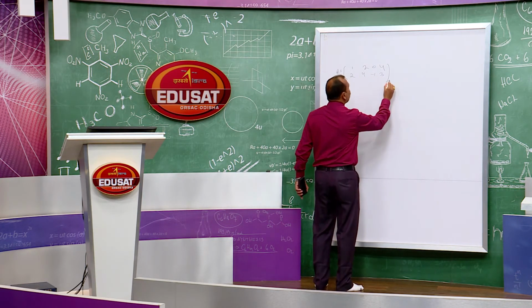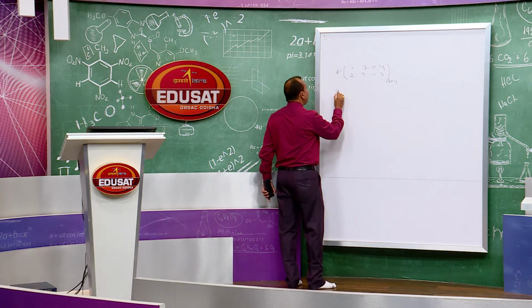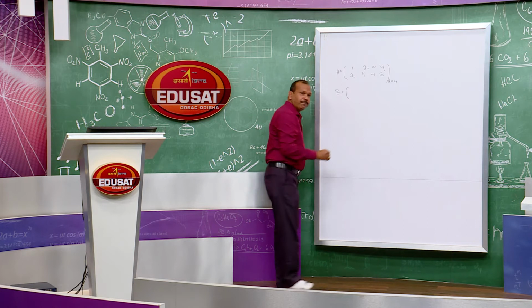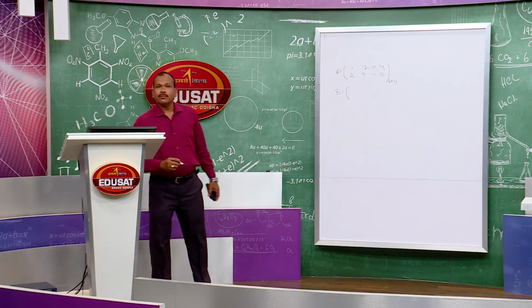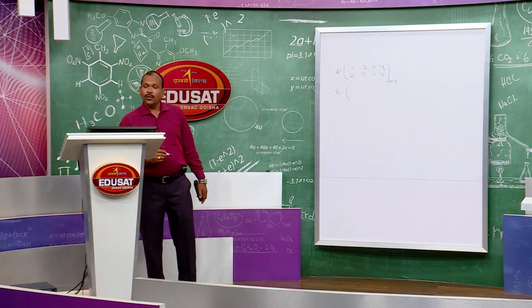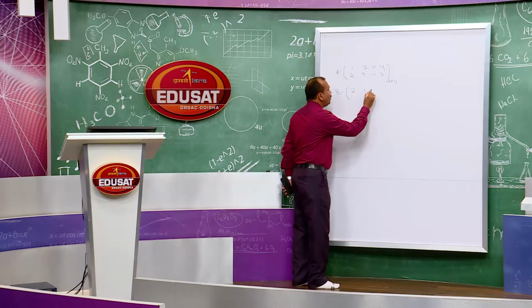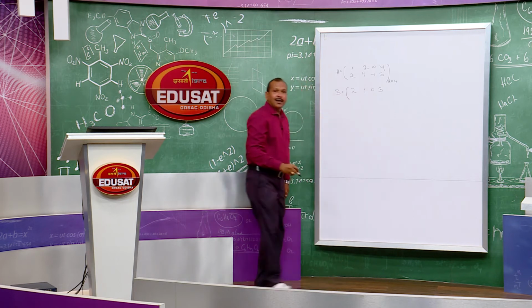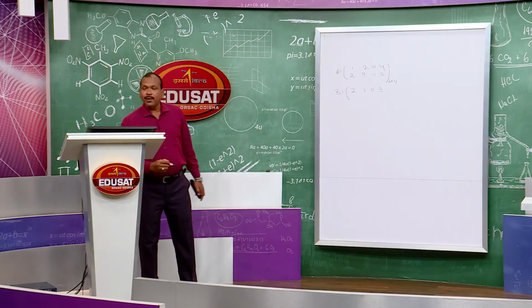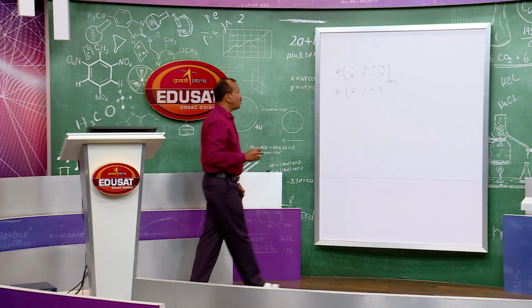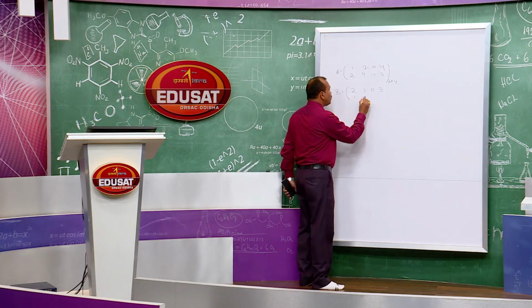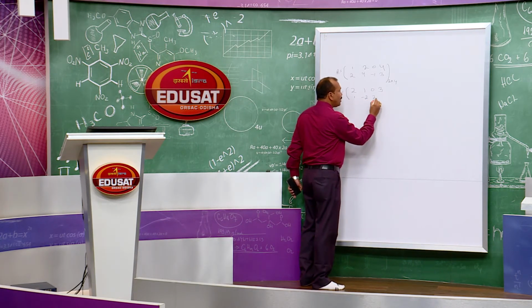This is a 2 cross 4 matrix, and B is a matrix given by 2, 1, 0, 3 and the second row is given by 1, minus 2, 2, 3.